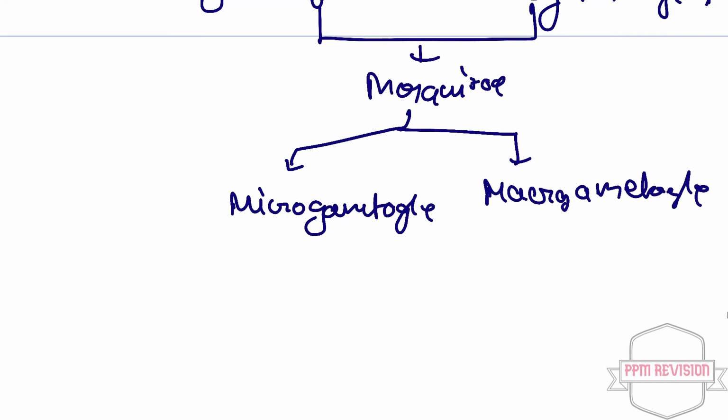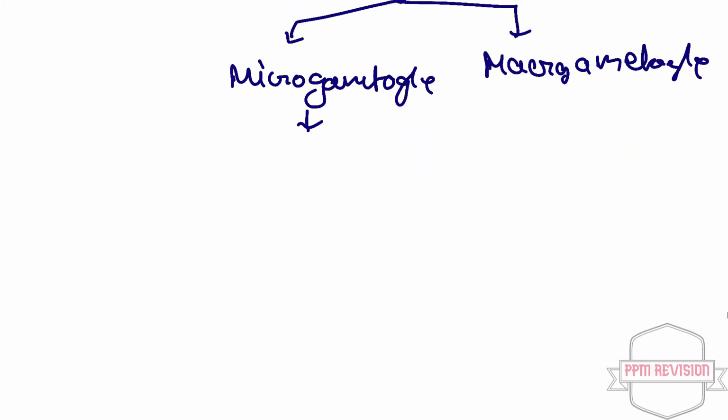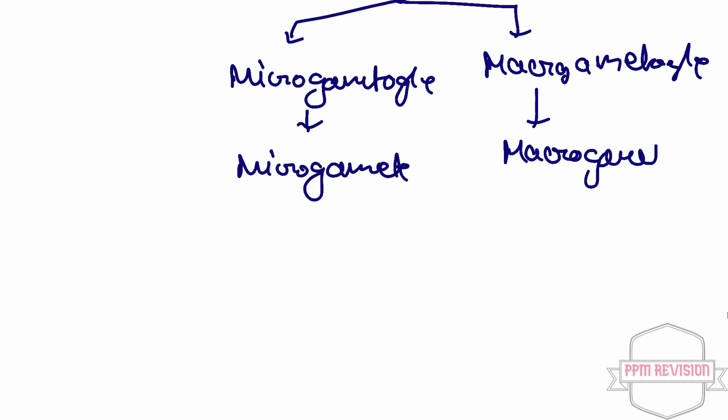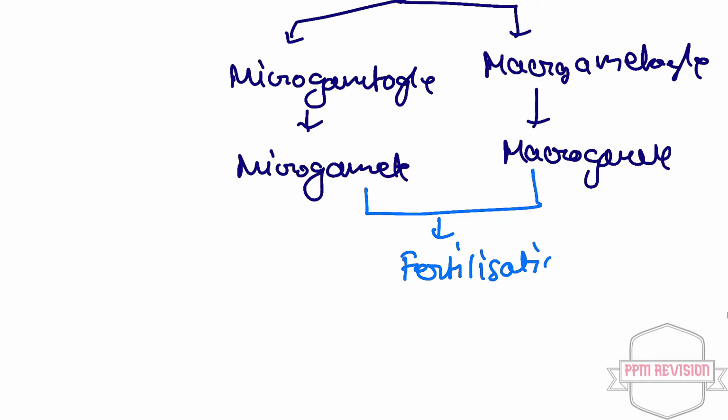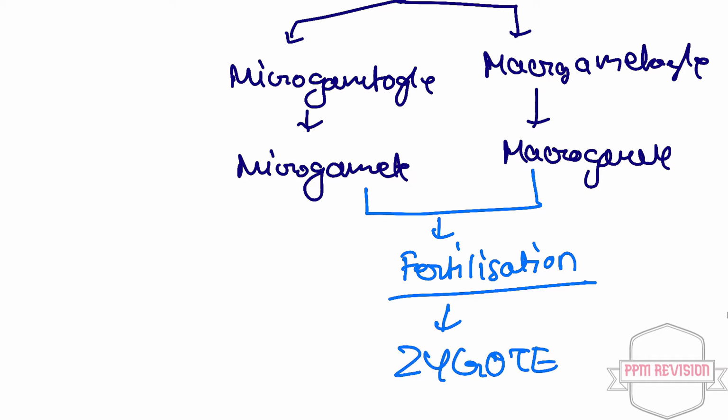So what this forms is, microgametocyte forms microgamete, and this forms macrogamete. Now these together result in fertilization. Later on it forms zygote. That's how I have continued here.